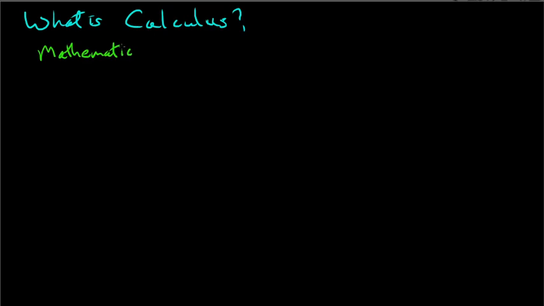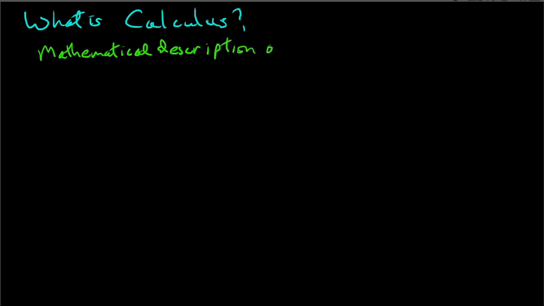So first of all, what is calculus? There's a lot of ways to answer that question. Obviously, it's a branch of mathematics. I would describe it as a mathematical description of continuous change.